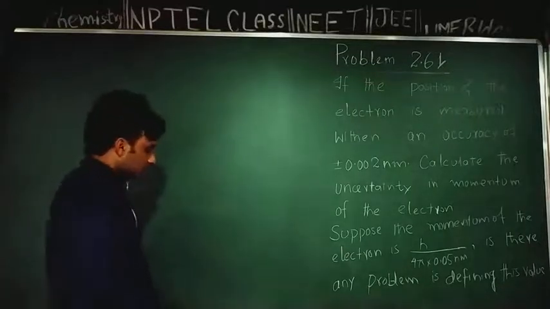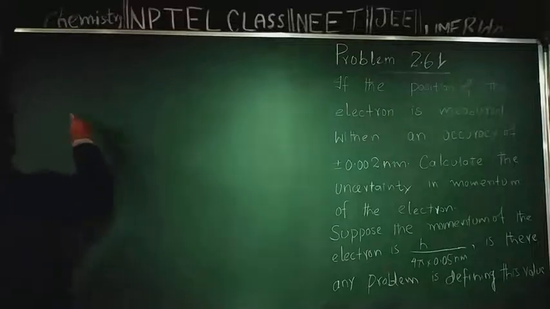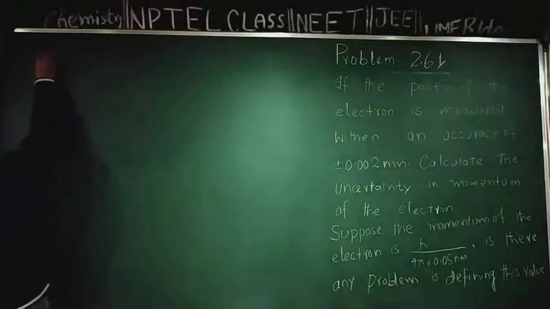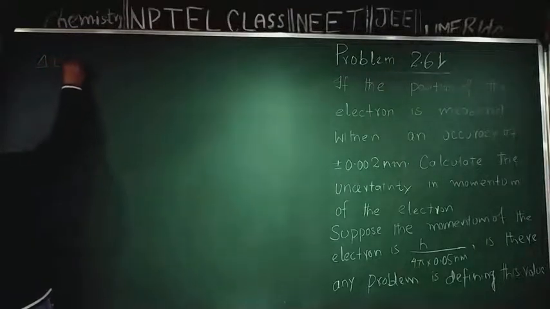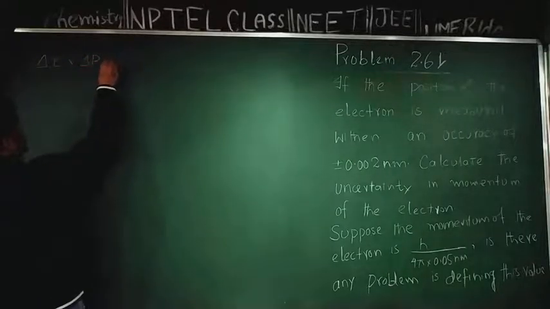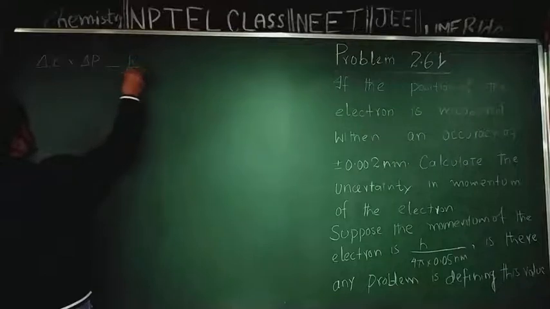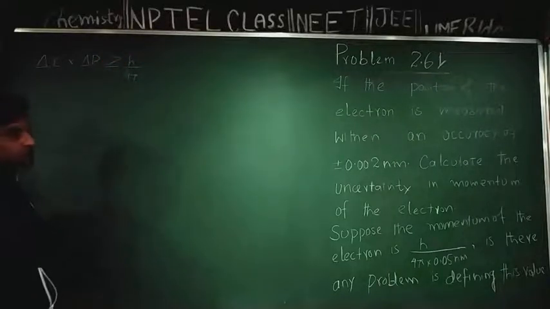And coming to the problem, I will use this equation: as per Heisenberg uncertainty principle, the product of uncertainty in position and uncertainty in momentum is constant, and the value of this constant is either equal to h by 4 pi or greater than h by 4 pi.